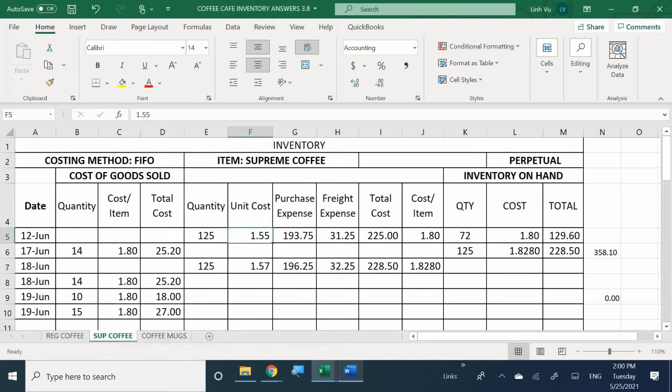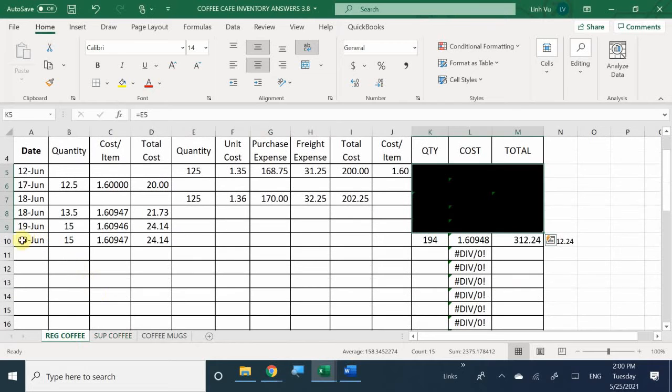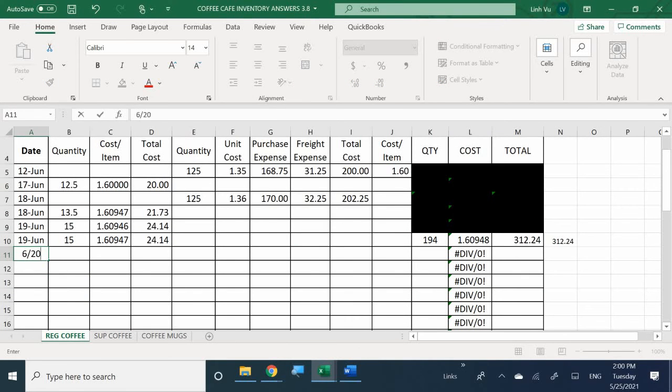So inventory worksheet, we're going to be on regular, 620. Quantities 10. Cost per item is 1.60948. Oops, Excel already picked it up, so 1.609.